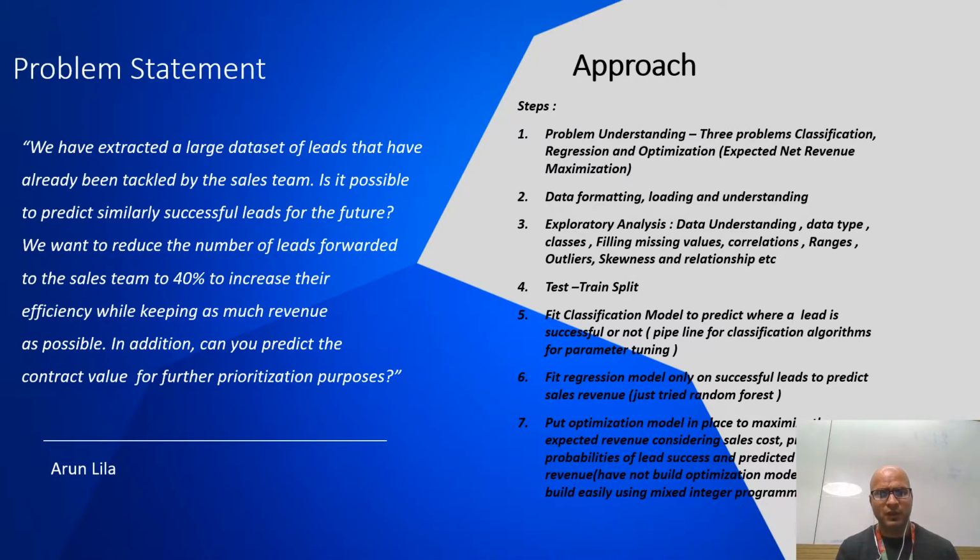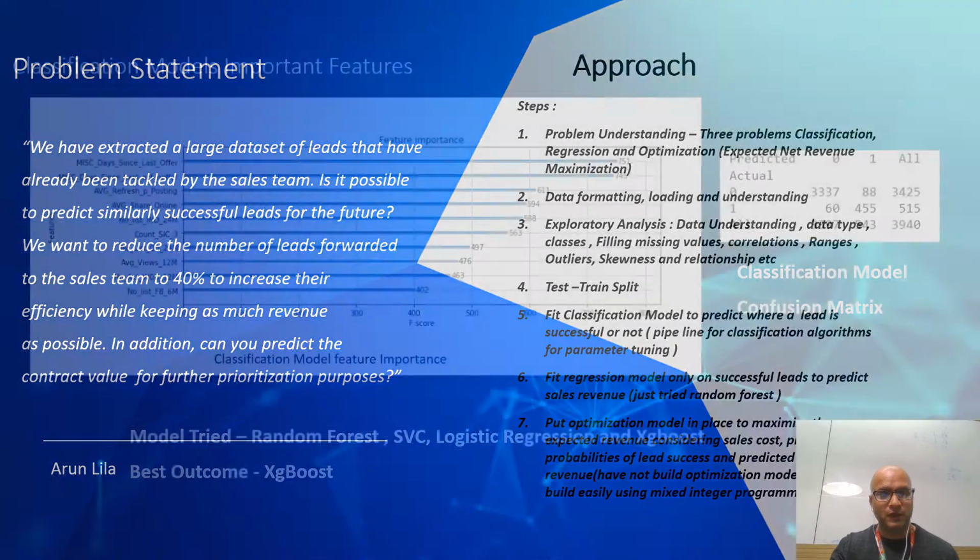Then a regression model to find how much revenue each selected company can generate, so that we choose the companies that generate the maximum revenue, and then an optimization model aligning sales cost and revenue to allocate the sales team to different clients. The optimization part is not done in this assignment, only two parts, classification and regression.